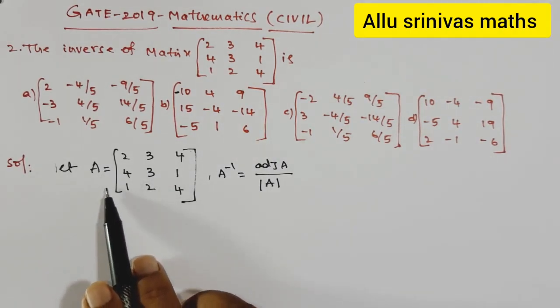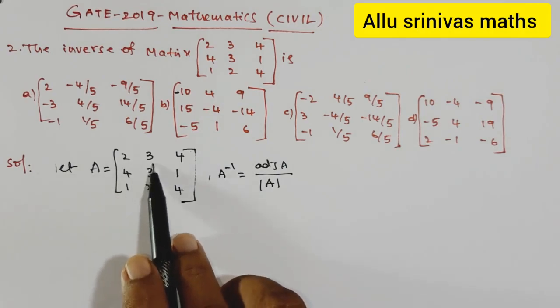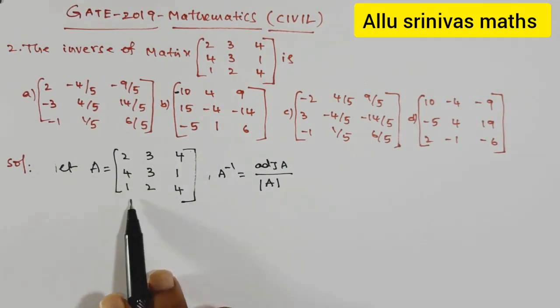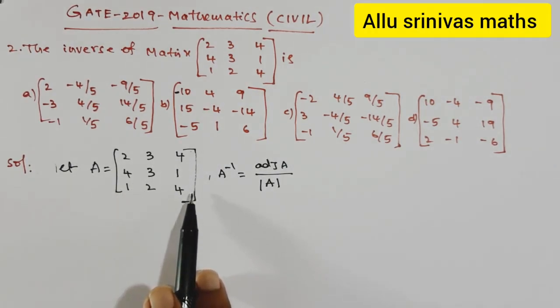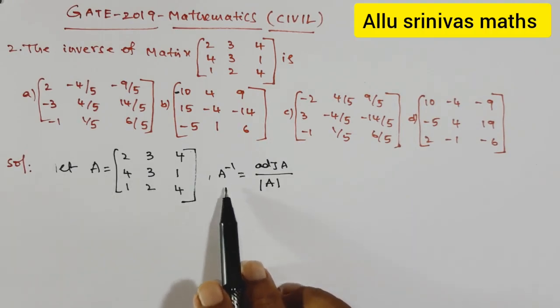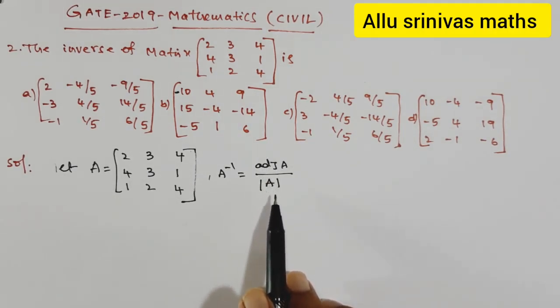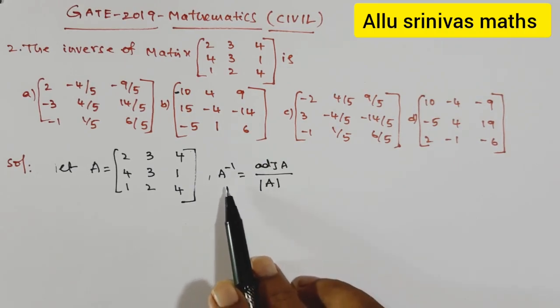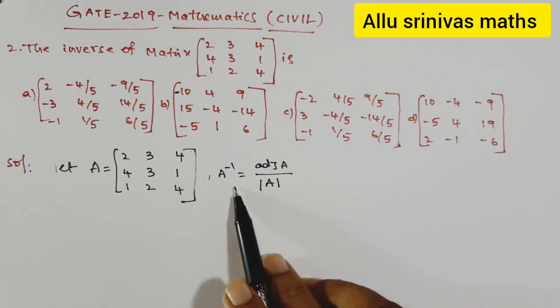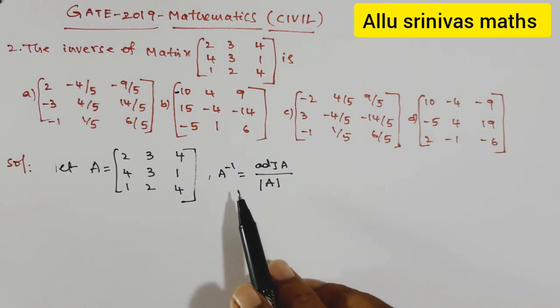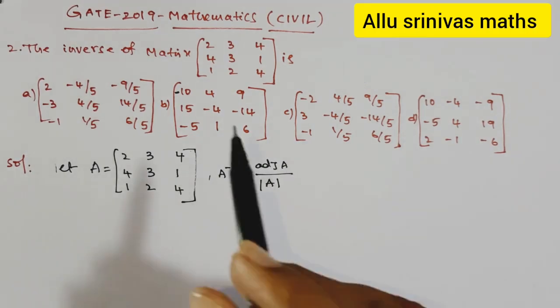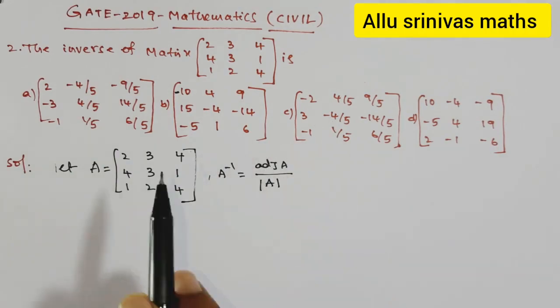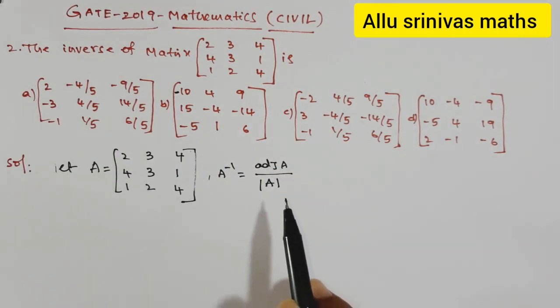First we take the given matrix as A equal to [2 3 1; 4 4 3; 1 1 2 4]. We know the inverse of A is adjoint A by det A. Actually, the original process of finding the inverse is a long process, but for this question we have a simple trick.